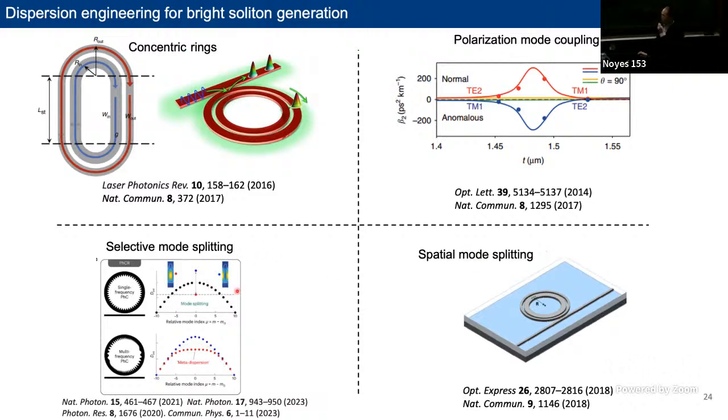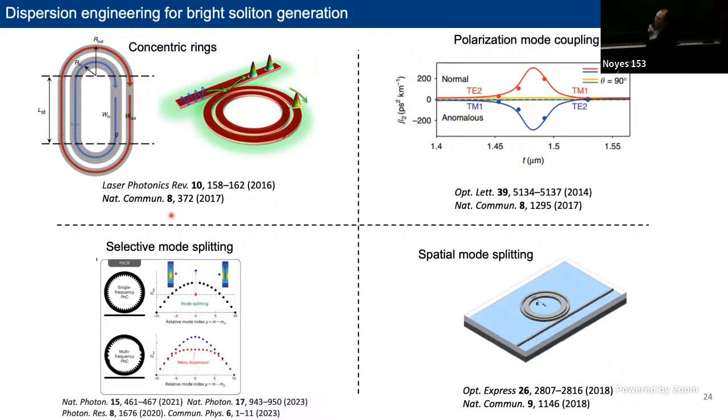The methods of concentric coupling, polarization coupling, and spatial mode coupling involve the coupling between different transverse modes, and the selective mode splitting involves the coupling between different longitudinal modes. So those dispersion engineering techniques all involve the coupling between different modes.